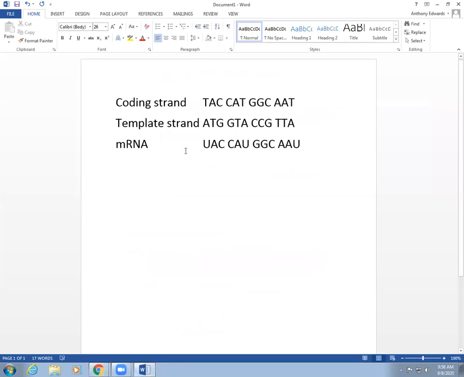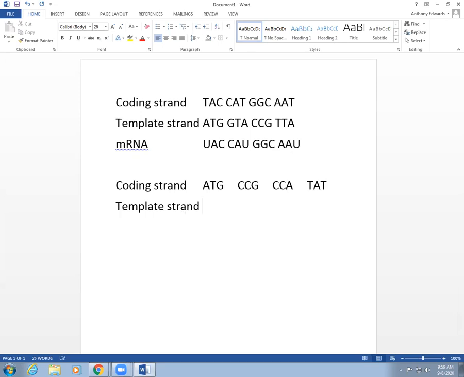So let's go back to this, let you practice. Template strand and mRNA strand.